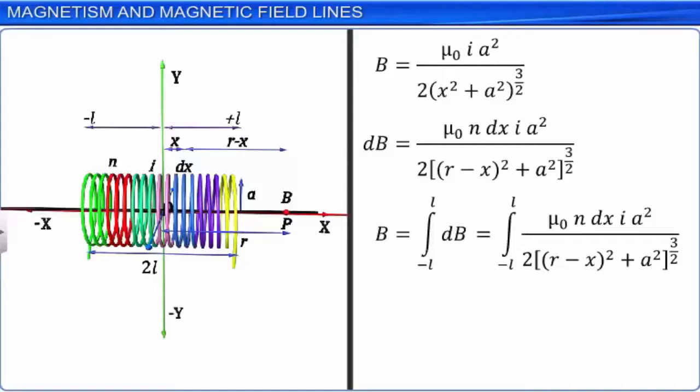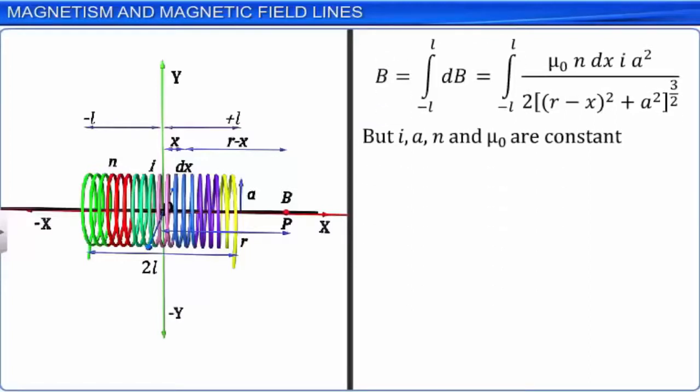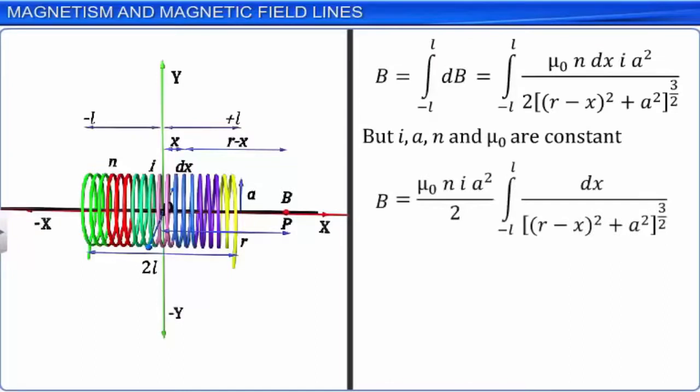But I, A, n and mu naught are constant. Hence, the magnetic induction B is equal to mu naught n I A square by 2 into integral from -L to L of dx by (r minus x) square plus a square whole power 3 by 2.